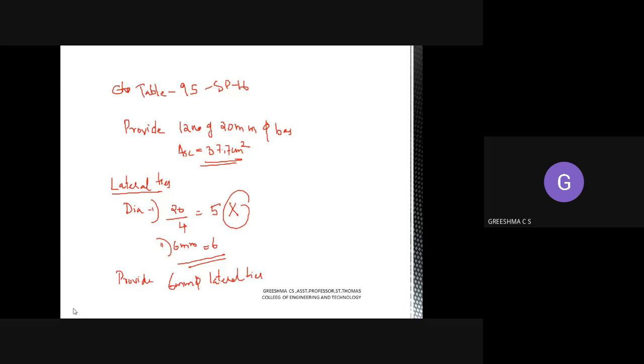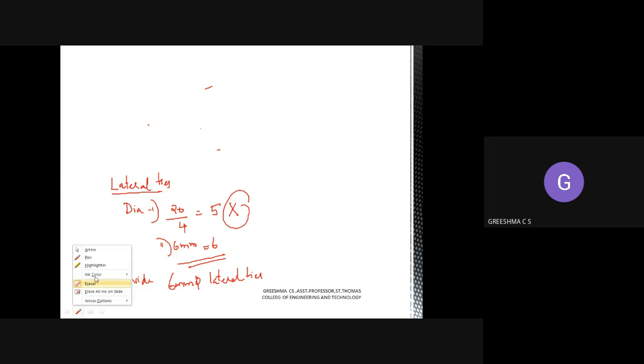Next you have to find out the pitch. So how will you find out the pitch? Same criteria, there is no difference. You can refer to the code for pitch.